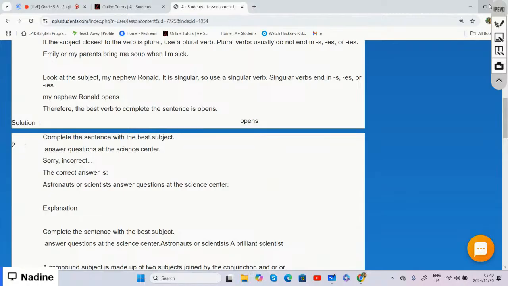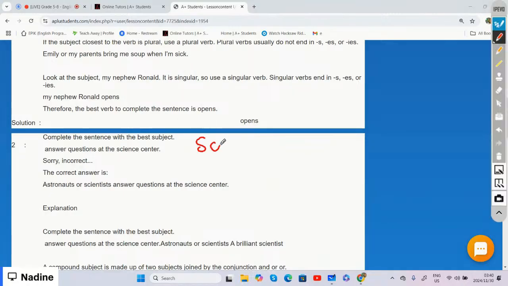So do we say scientists? Or do we say scientists with an S? Answer questions at the science center.